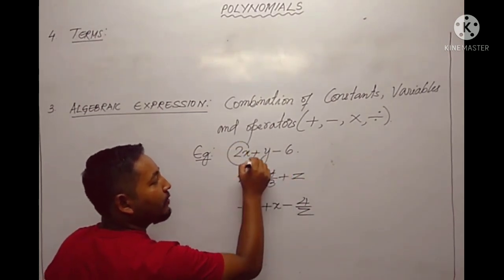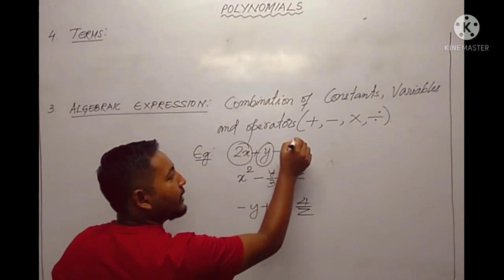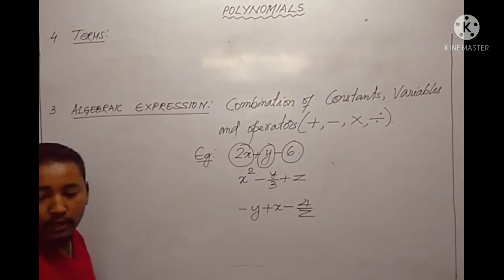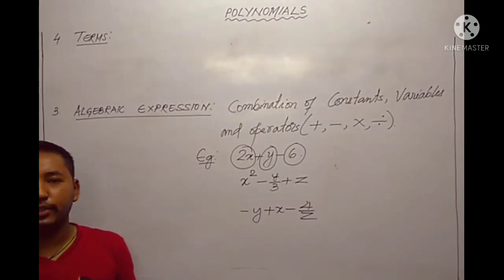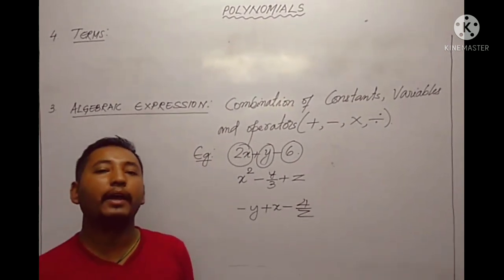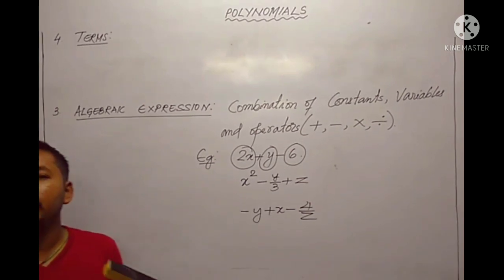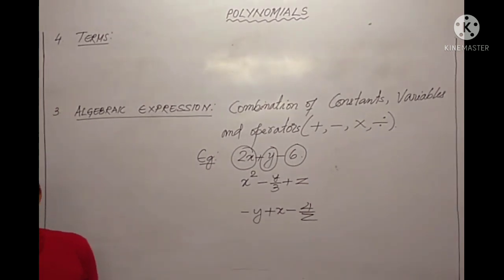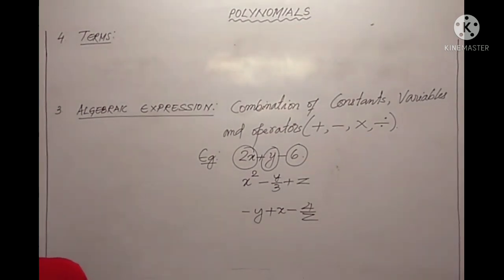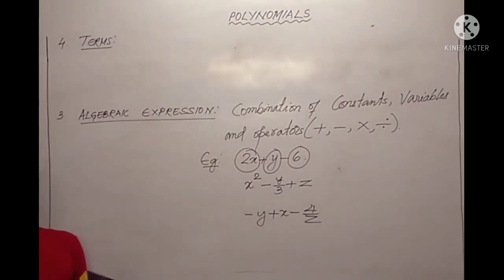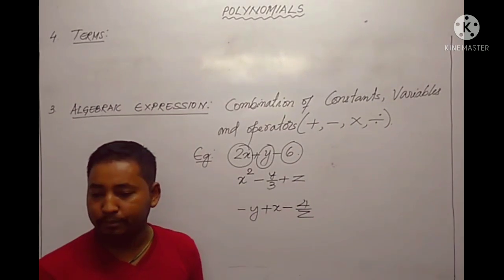So these are called terms. What are terms? The various parts of an algebraic expression which are separated by either plus or minus are called terms.